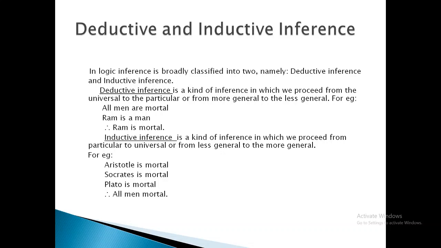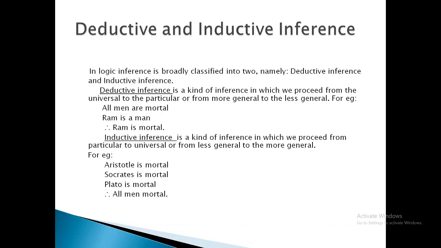I have said earlier that inference is a mental process where we pass from something known to something unknown. Aristotle is mortal, that you know. Socrates is mortal, that also you know. So, by knowing this, you are jumping to the unknown facts. All men are mortal. By perceiving some, you are jumping to the unperceived one. You are inferring.